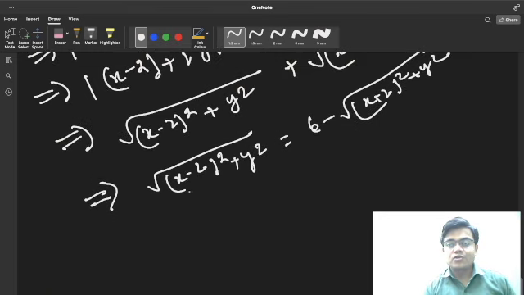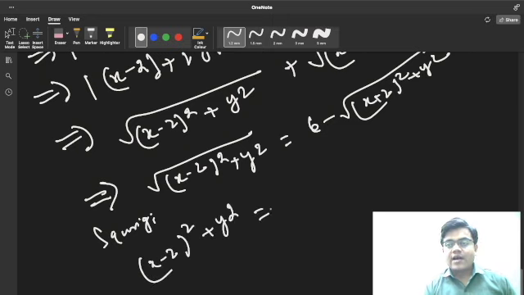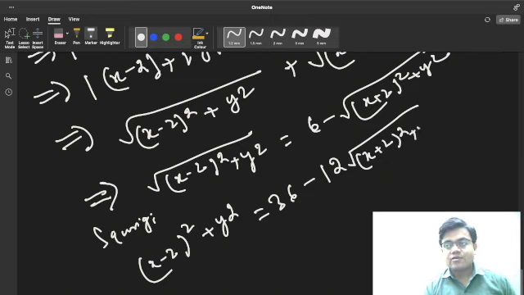After squaring, we get (x - 2) whole square plus y square, and the square of 6 is 36, minus 2 times 6 is 12 times the square root of (x + 2) whole square plus y square, plus its square, which is (x + 2) whole square plus y square, so x square plus 4x plus 4 plus y square. Yes, this will be the thing, isn't it? Is this clear?